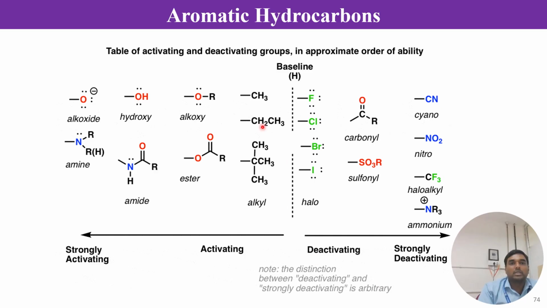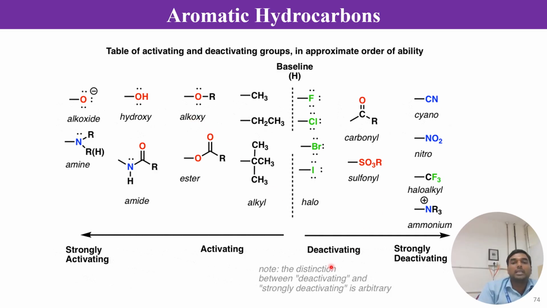So here we are summarizing the activating groups and deactivating groups. Activating groups are basically alkoxide, hydroxy, alkoxy, then methyl, ethyl, alkyl, tertiary, ester, amide, amine. So you can see that from here to this side, there are strongly activating groups. Even with a negative charge, if there is lone pair availability, then it is a highly activating group.